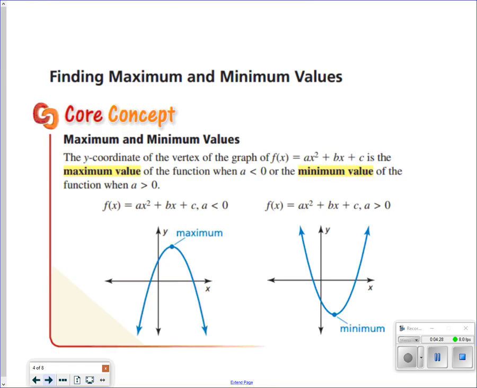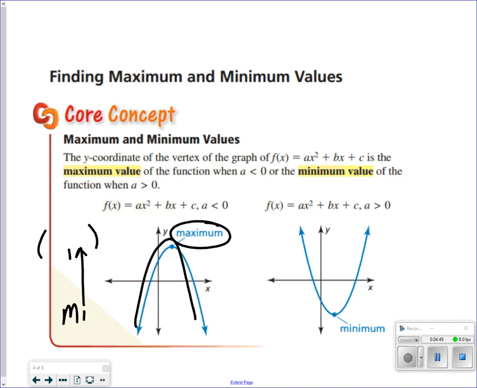When you're finding the vertex, that is also known as the maximum or minimum. Then the y value of the vertex is considered the maximum or minimum value. So if I have a parabola that goes down, it has a max, and whatever the point is of the vertex, this is referred to as the maximum value.